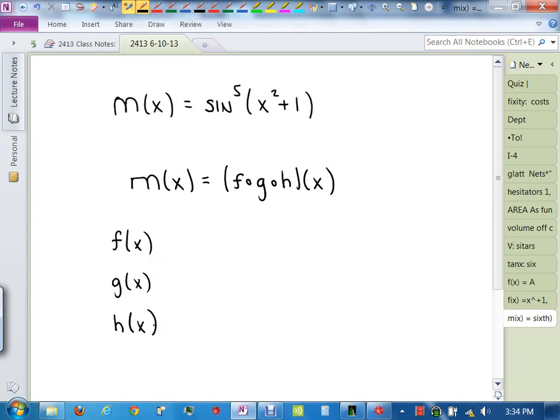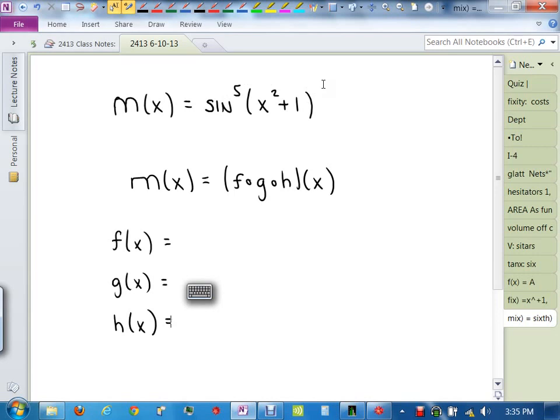So we're actually working backwards. Somehow this capital M function is a function inside of a function inside of a function. So what are they? Do you all see 3 functions here?